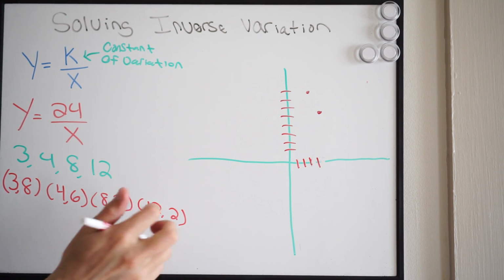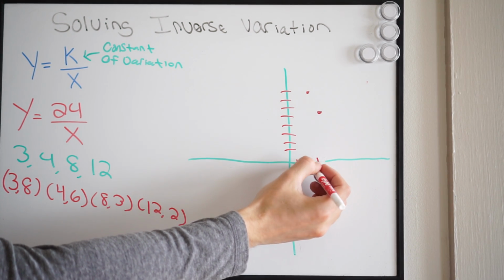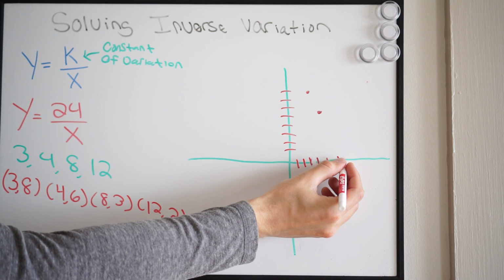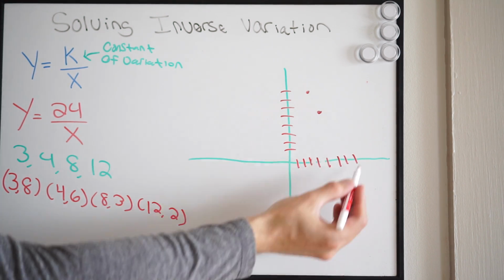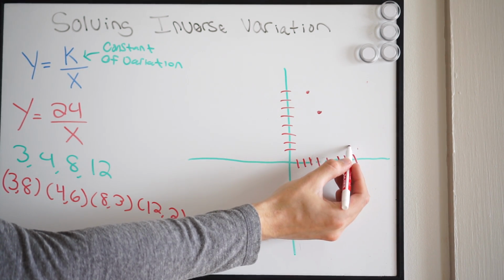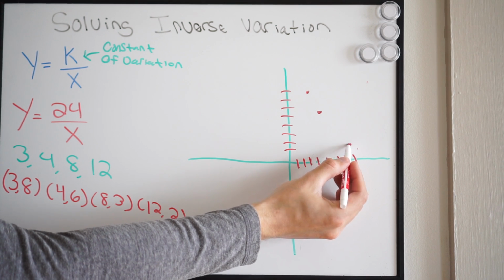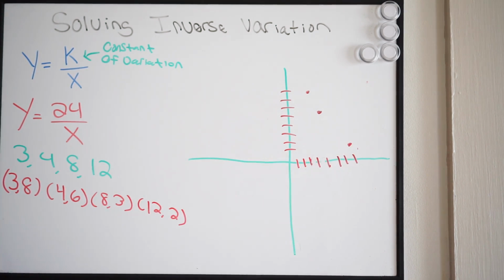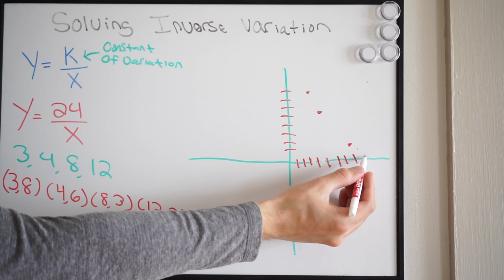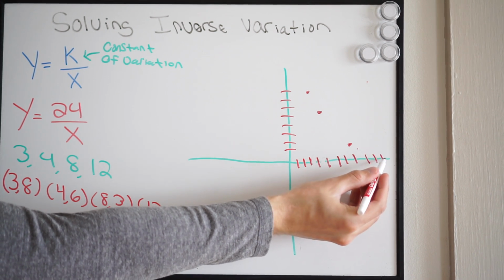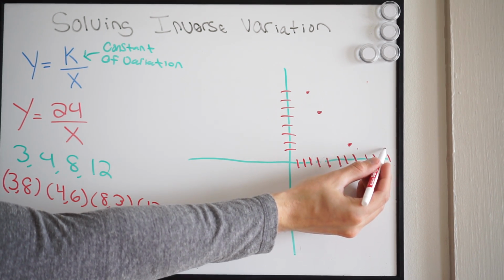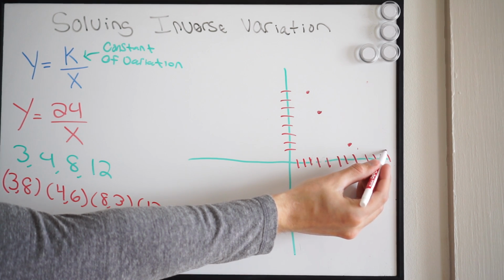Going over to 8, we're going to go up 3. So 4, 5, 6, 7, 8. And we're going to go up 3. So right here. And we're going to go over 12 and go up 2. So 9, 10, 11, 12, and we're going to go up 2, right about here.